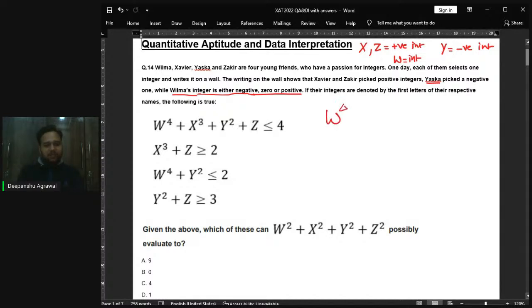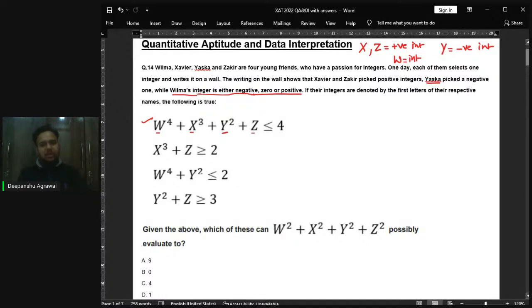So the first equation says that W to the power 4, X to the power 3, Y to the power 2, and Z should be less than equal to 4.